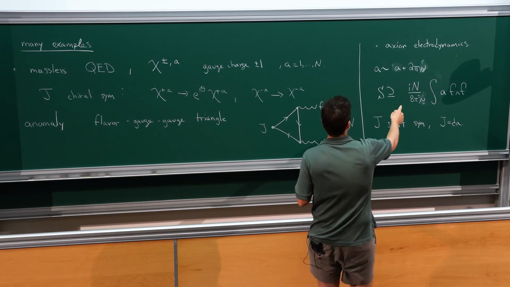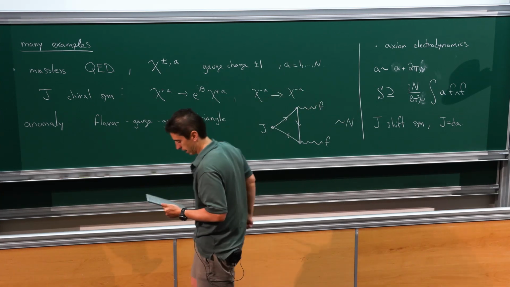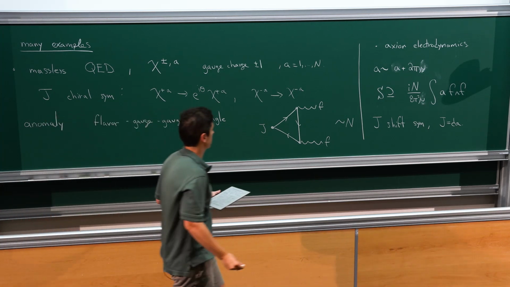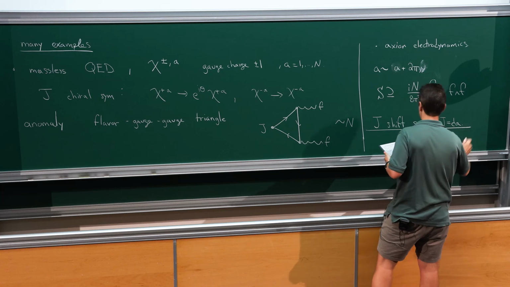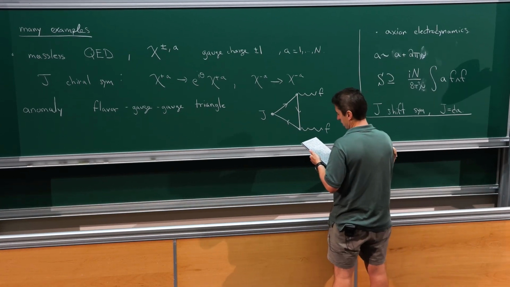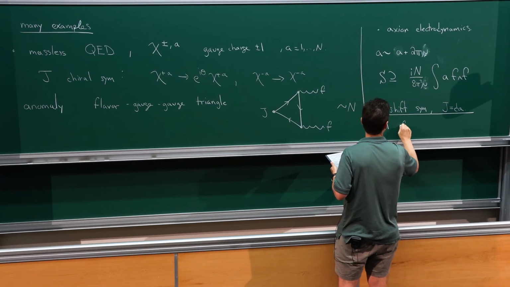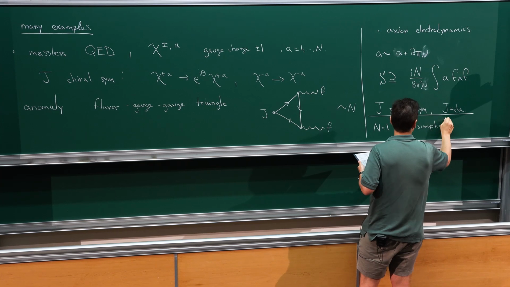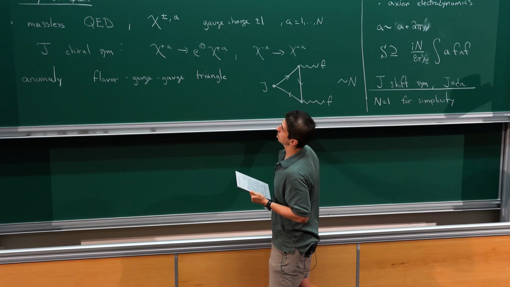There's this anomaly coefficient N that appears all over the place, and we could do things for general N, but it makes our lives a little more complicated for the purposes of a pedagogical presentation. So from now on, N is 1. So we don't have to think about N anymore.